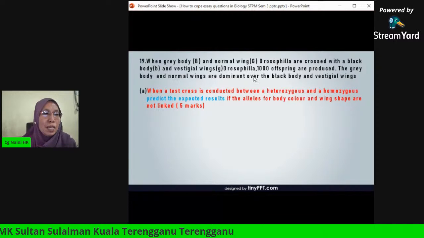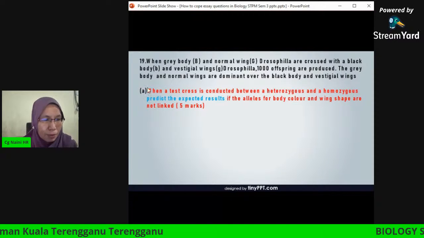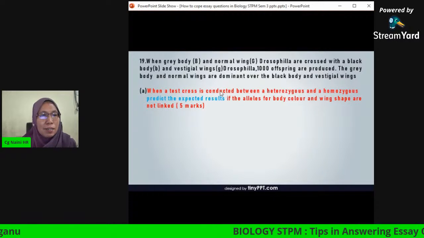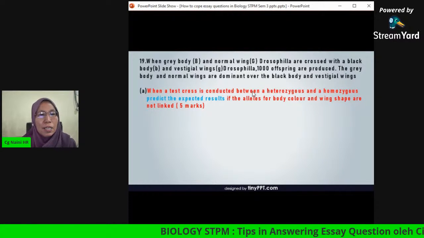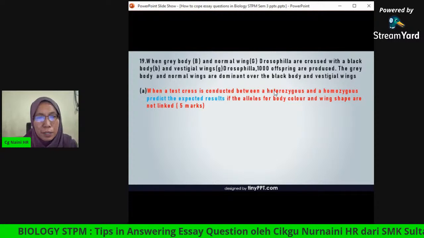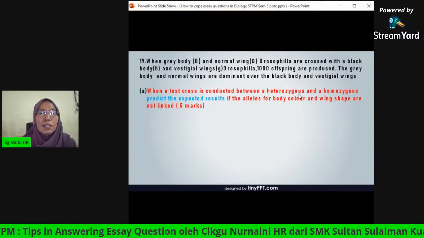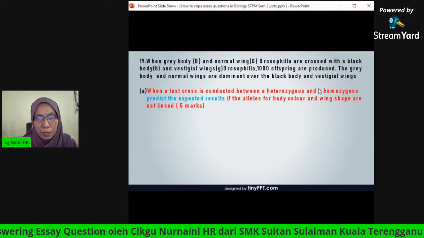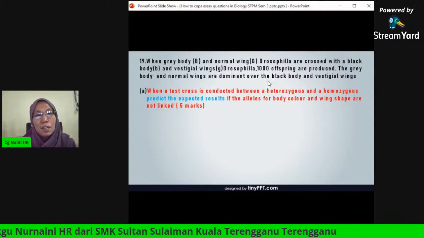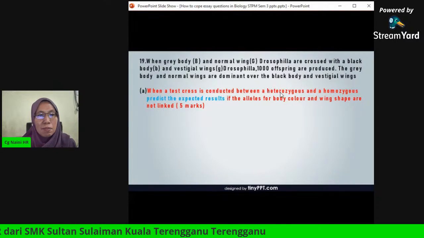So the question is, when a test cross is conducted. Remember, in a test cross they give you the heterozygous parent with the homozygous. Heterozygous means they have dominant and recessive.